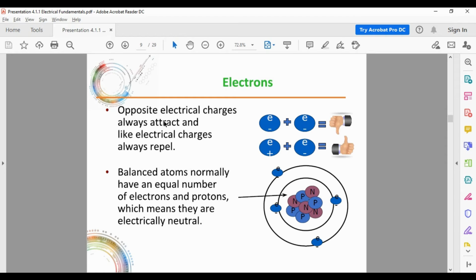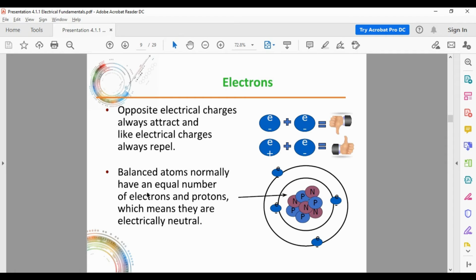Opposite electrical charges always attract, and like electrical charges always repel. So when 2 electrons push up against each other, they tend to push each other apart. What you like to have is a positive and a negative, and then they will tend to go together.